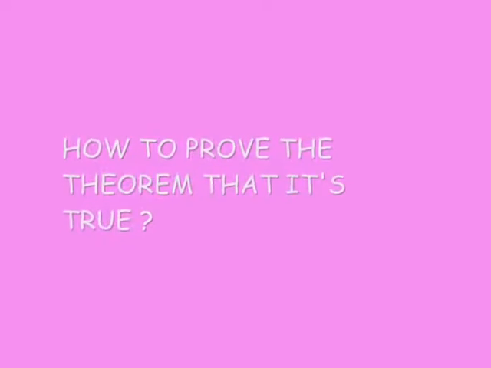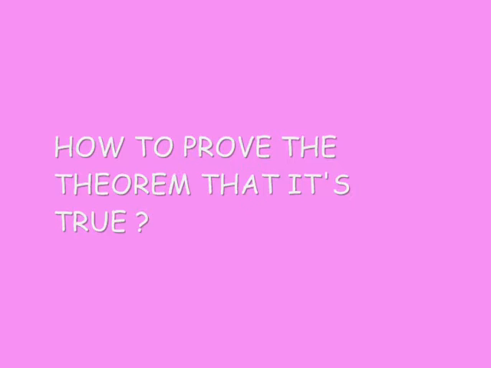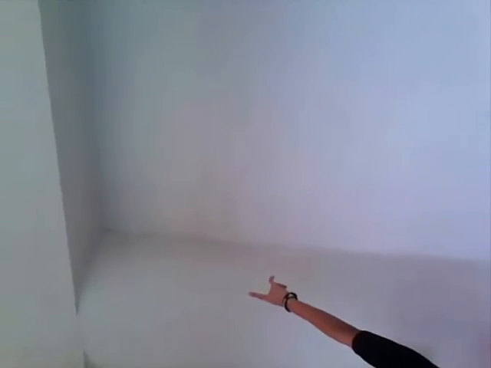Theorem 11. Through a point not in a plane, there is one and only one plane parallel to this plane. To prove Theorem 11, given this plane and a point not on it, prove that through that point there is one and only one plane parallel to this plane.